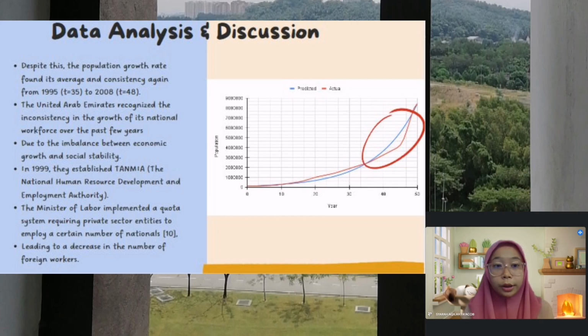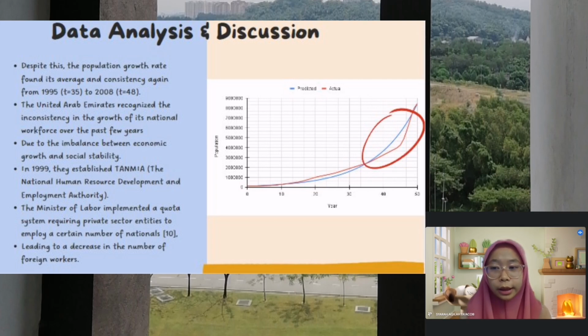Due to this imbalance, the country realized that there was an imbalance between economic growth and social stability. So what they did, in 1999, was establish a policy named TANMIA, the National Human Resource Development and Employment Authority.